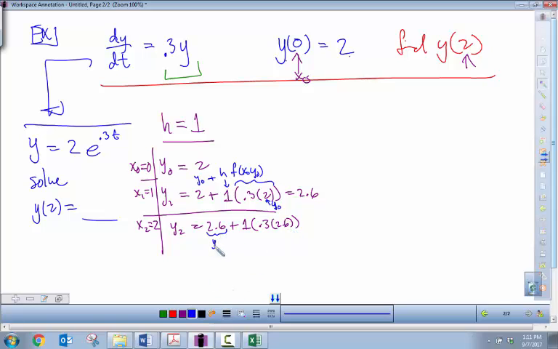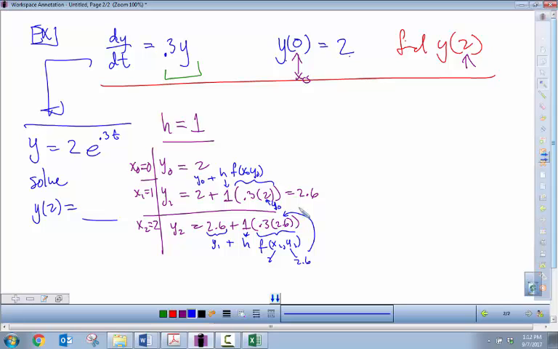Again, this is the previous y value plus h, which is going to be the same, times f of x1, y1, and x1 was 2, but that doesn't matter because there's no x's in our differential equation, and y1 was equal to 2.6. And that's what y1 is equal to.